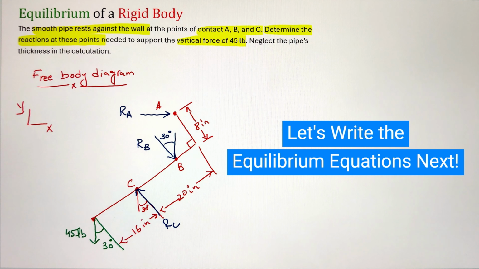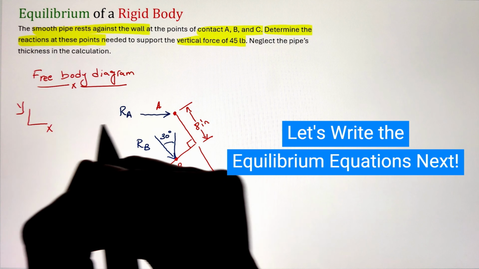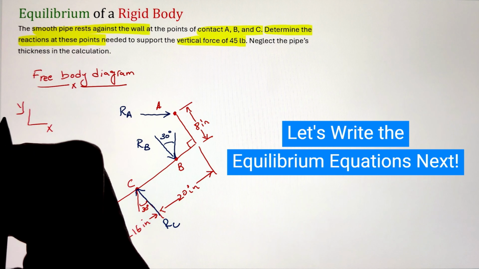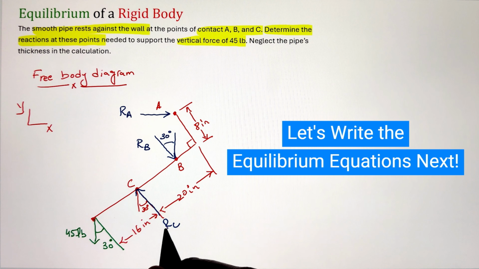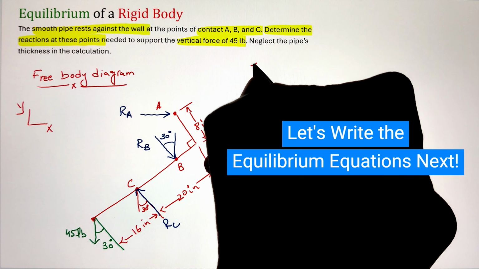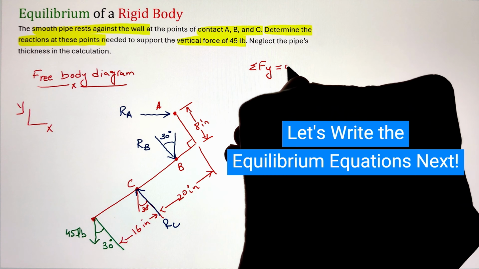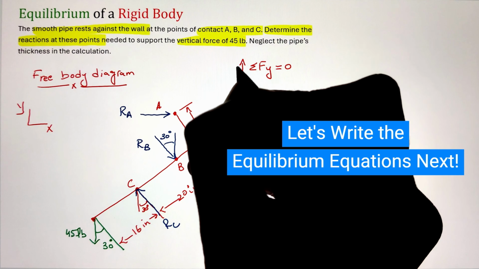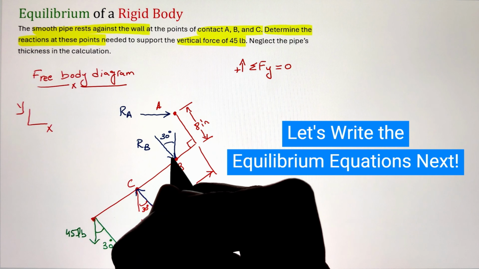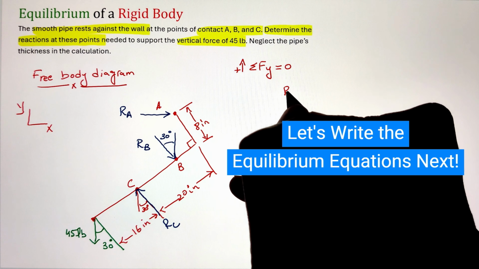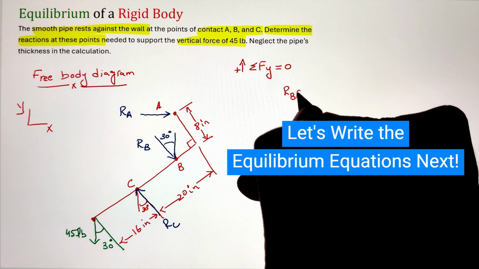For the equilibrium equations, we have three for a two-dimensional system. That is, summation of forces along the x-axis and summation of forces along the y-axis should equal 0, and the moment at any point on our free body diagram equals 0. We can start with any one of these equations. However, it is recommended to pick an equation that has the least amount of unknowns.